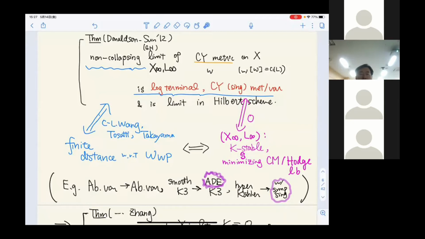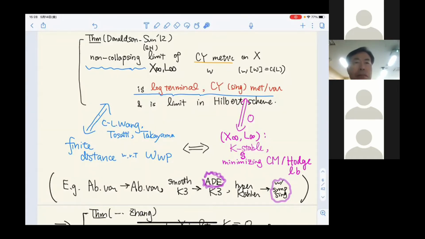So in general, if you trace the behavior of the metric, the limit can go to something of lower dimension. So this is a bit different from algebraic geometric intuition, because in algebraic geometry, the dimension of the fiber usually goes up, but in differential geometry, it goes down. So if it goes down, then we call it collapsing.